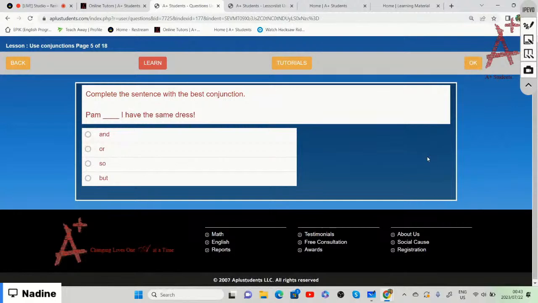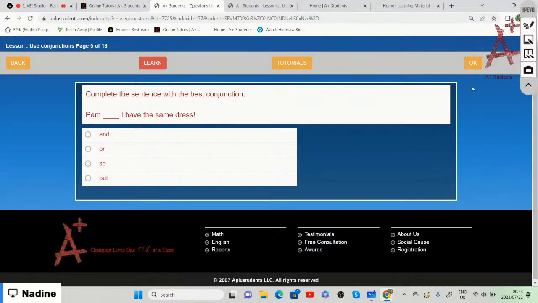Pam and I have the same dress, or Pam or I have the same dress. Pam, so I have the same dress. Pam, but I have the same dress. We need to choose the best possible conjunction to fill in the sentence.